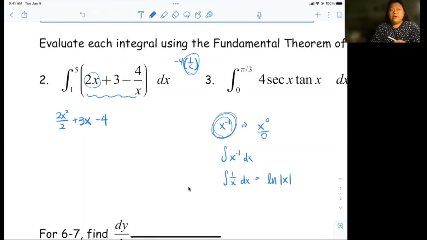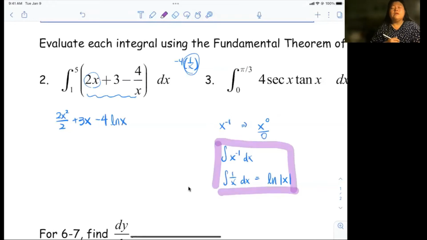And we need to put absolute value around it, because the argument of the natural log can't be negative, and it can't be 0 either. So the absolute value will take care of most of the situations. So in this case, this is really -4 times the natural log of x, okay? Now, once you've taken the antiderivative, and by the way, please make sure you write this down.